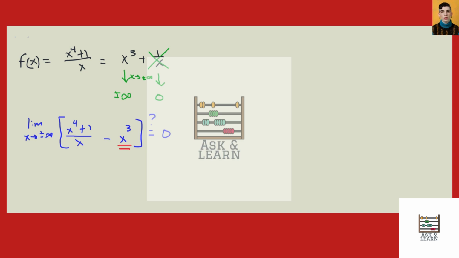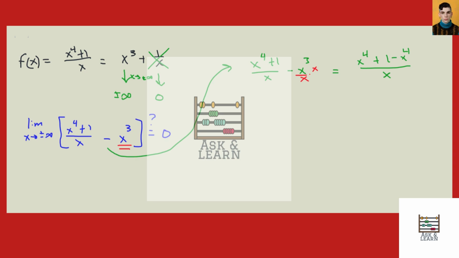So let's just simplify the inside first. I'll go ahead and do that up here. So we have x to the fourth plus 1 over x minus x cubed. Now we need to get a common denominator, so let's multiply x cubed top and bottom by x. Simplifying this down, this is going to give us x to the fourth plus 1 minus x to the fourth all over x.